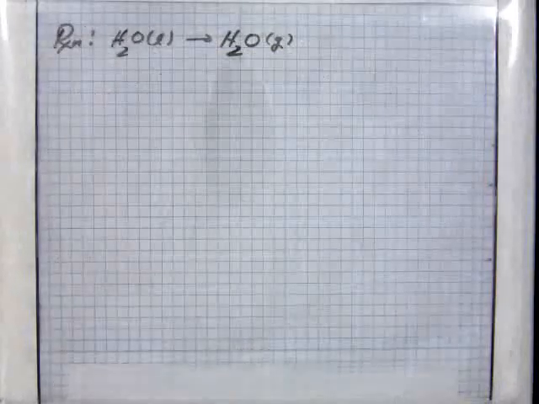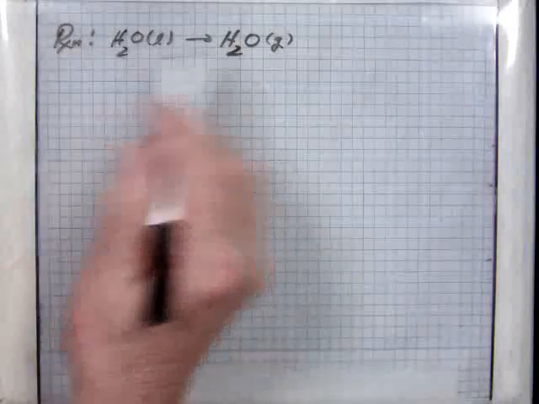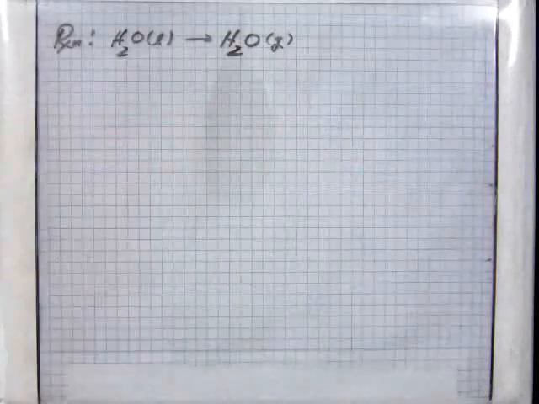Physical transitions like evaporation, condensation, freezing, all have heats of formation also in different phases. So you have the same substance, but the state of existence is different.